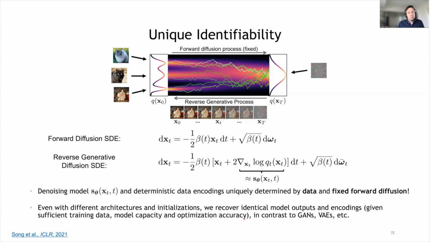This is in contrast, for instance, to generative adversarial networks or variational autoencoders, which do not have this property, because depending on what kind of architectures and initializations we use, we will always obtain somewhat different models and different data encodings and so on. So this is a unique property of these diffusion models.